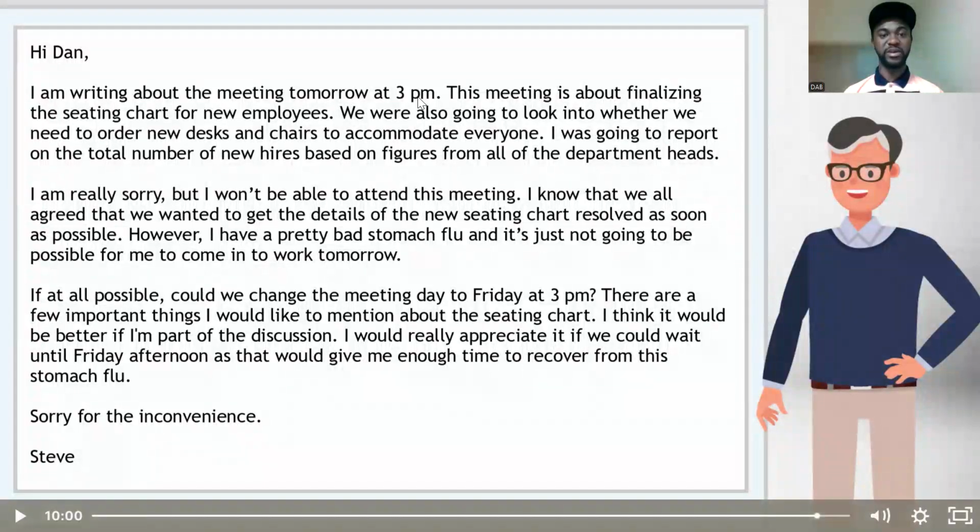From here to here is 1, from this to employees 2, from we to everyone, that is 3, from I to heads, that is 4, from I to meeting, that is 5, from I to possible, that is 6, from however to tomorrow, that is 7, from if to 3 p.m., that is 8, from there to chart, that is 9, sorry, that is 8.